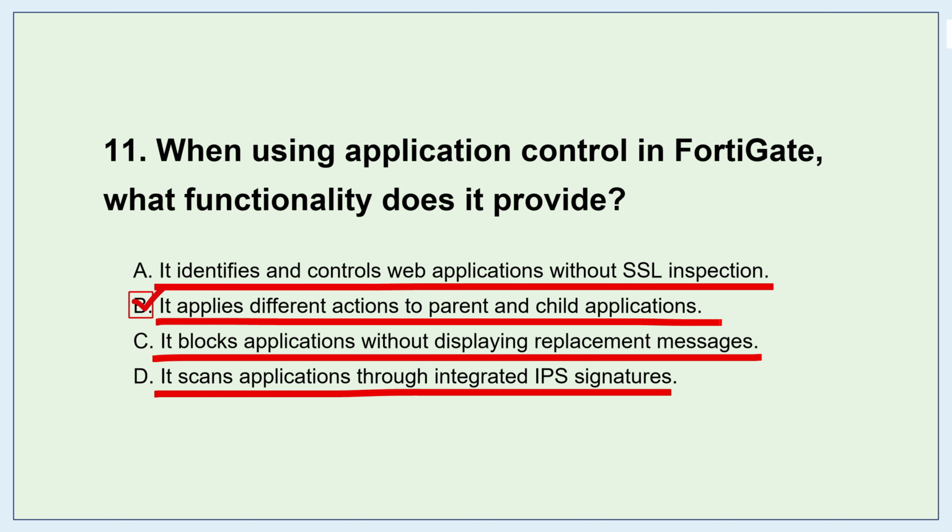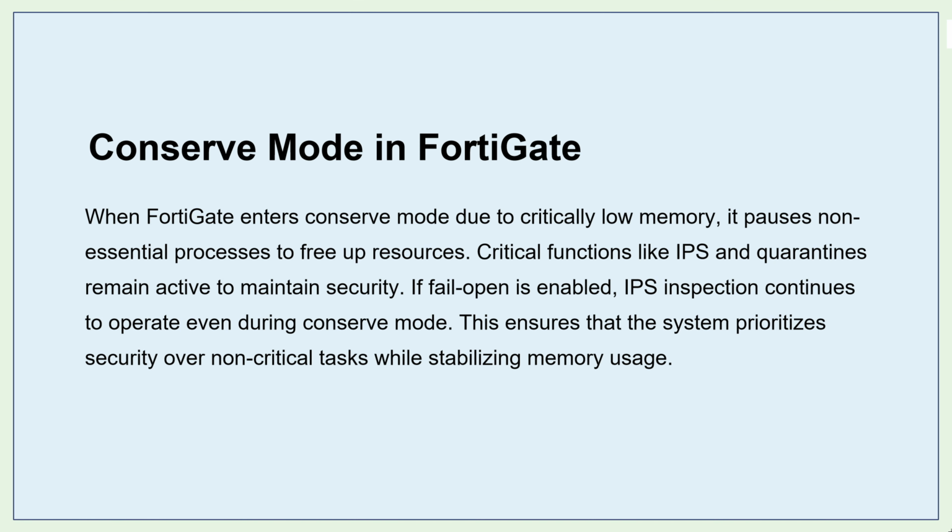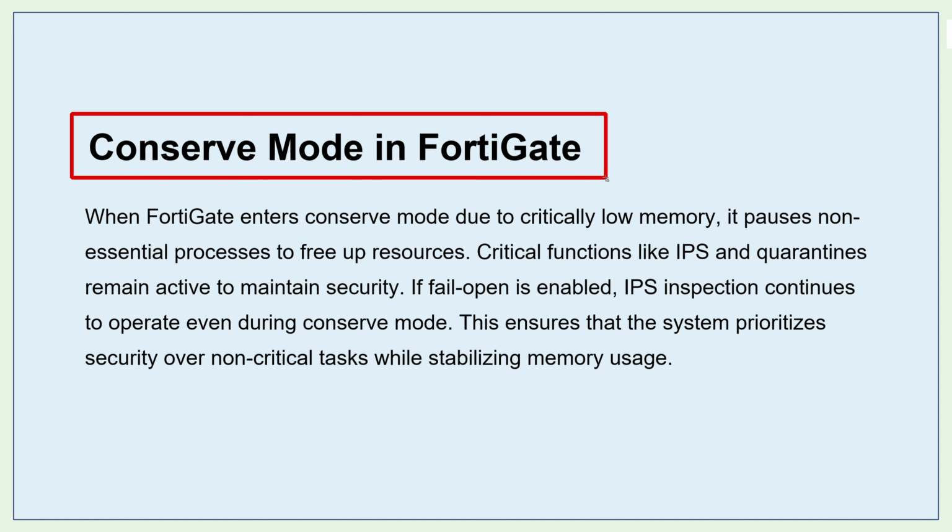Correct. FortiGate can apply actions differently to parent and child applications. Question 12. What happens when FortiGate enters Conserve mode? The knowledge points of this question are: system resource protection.